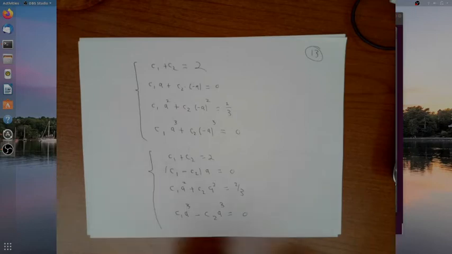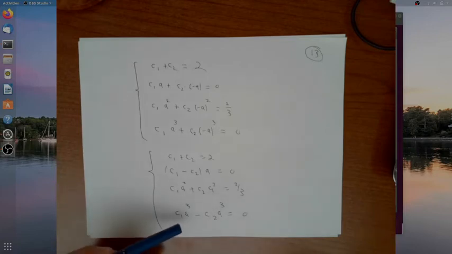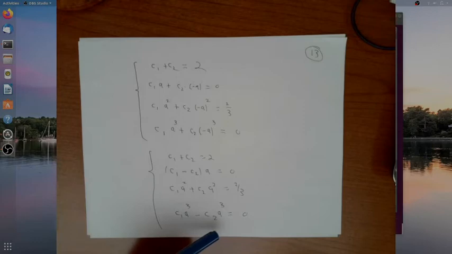The third equation, if you square the negative of A, you get the same as if you had squared A itself. So that's C1A squared plus C2A squared equals 2/3. And in the last, if you multiply 3 copies of negative A together, you get the negative of A cubed. So the last equation now reads C1A cubed minus C2A cubed needs to be 0, and I like that one very much because it looks a whole lot like the second equation.